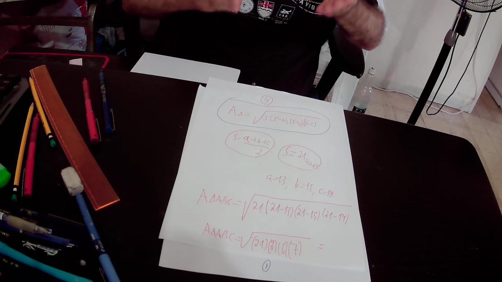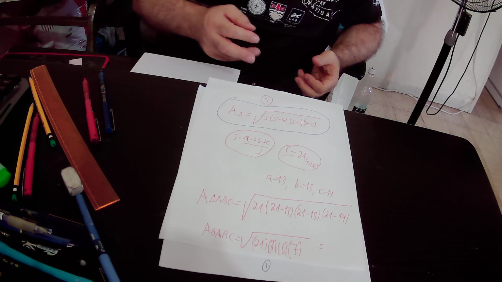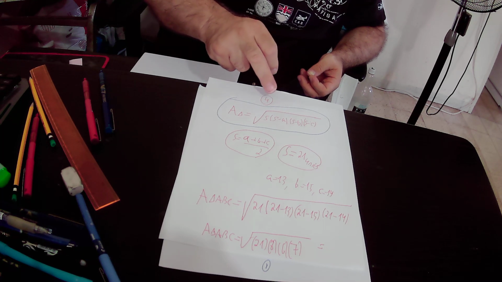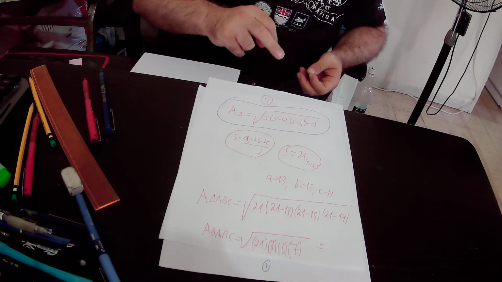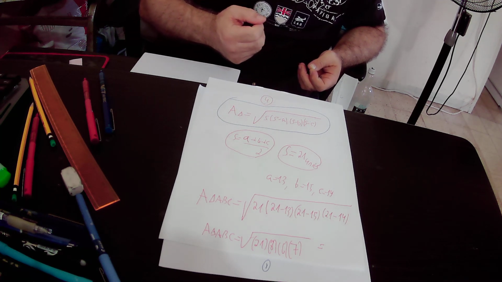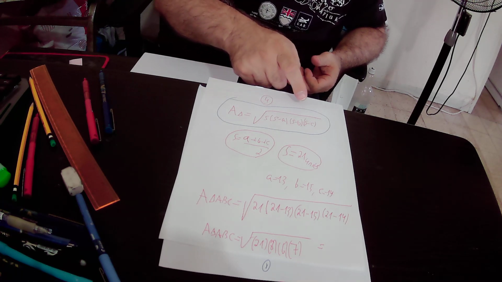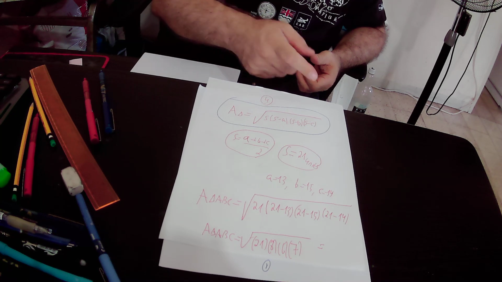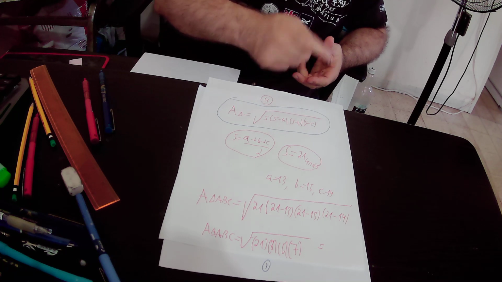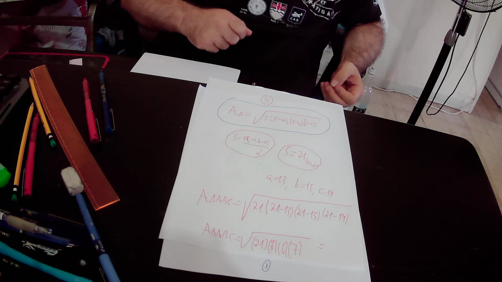So we have all the variables of this equality that states that the area of any triangle equals the root of S, the semi-perimeter of the triangle, times S minus A, where A is the side of the triangle, times S minus B, the other side of the triangle, and times S minus C, that is the third side of the triangle.